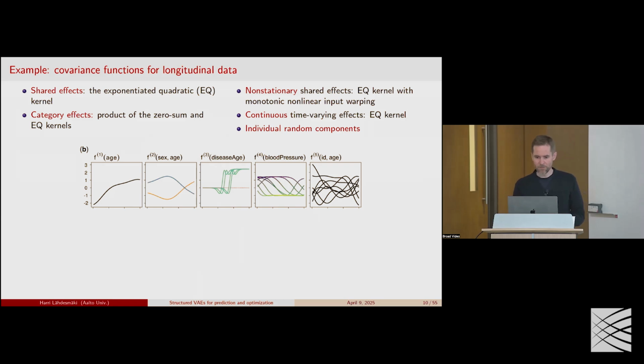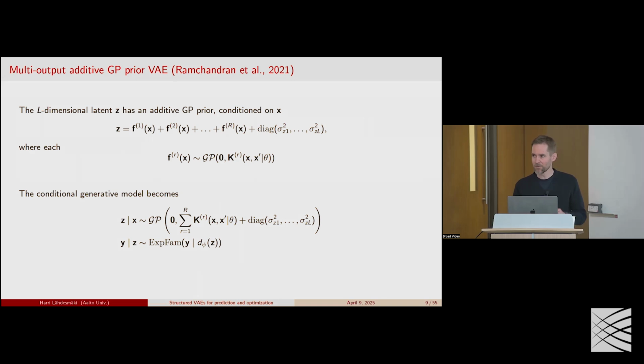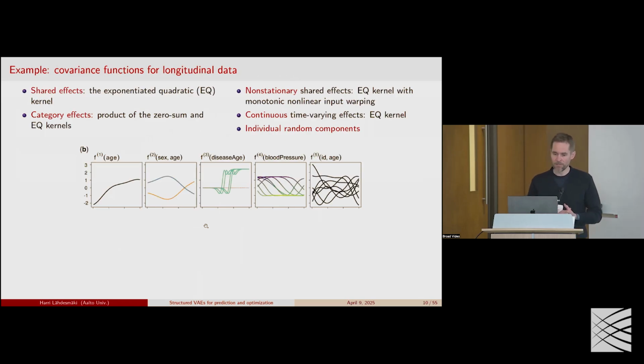And then I use again the longitudinal data as an example. Much of the magic of these techniques builds on the choice of the covariance functions. For example, in the case of modeling longitudinal data, we can use the exponentiated quadratic kernel to model effects shared across all the subjects. Category effects we can model maybe using a product kernel of the zero sum and then the EQ kernel.